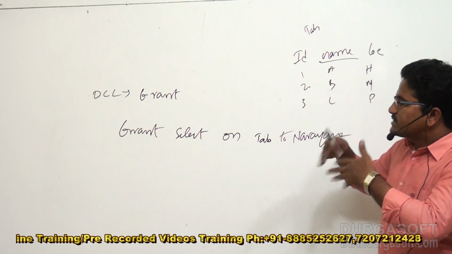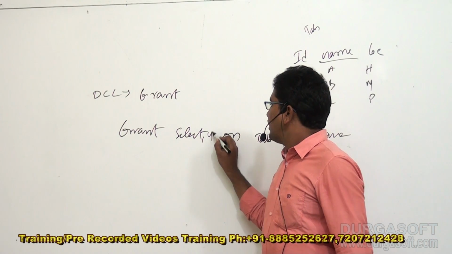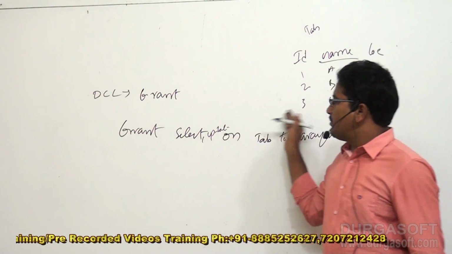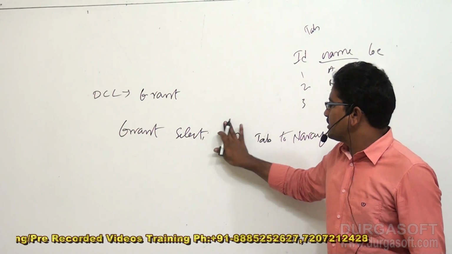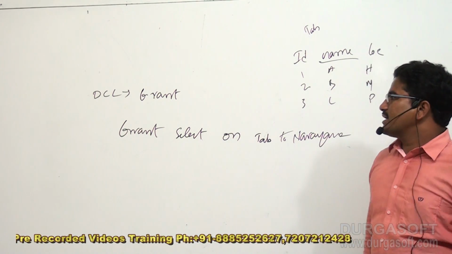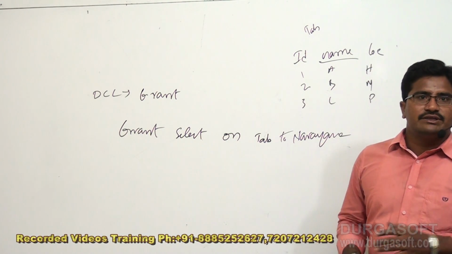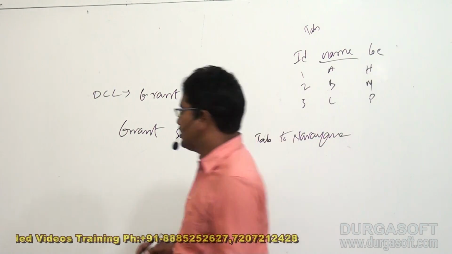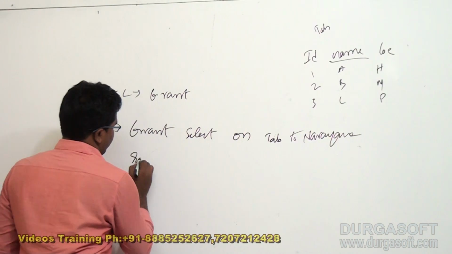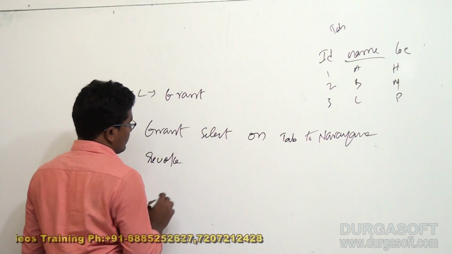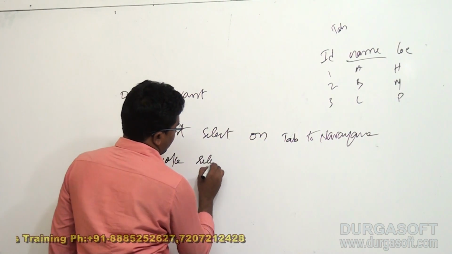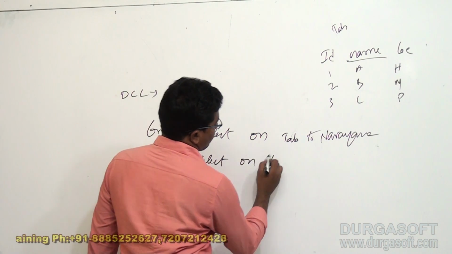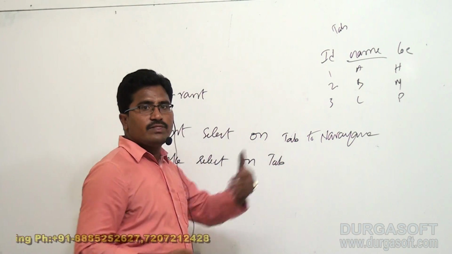If I want select and update, you can use update too; we can use a comma. Imagine we have select only. After my work, I say that yes, my work is over. Then the DBA takes back the permission. How to take it back? By using revoke select on tab from Narayana.